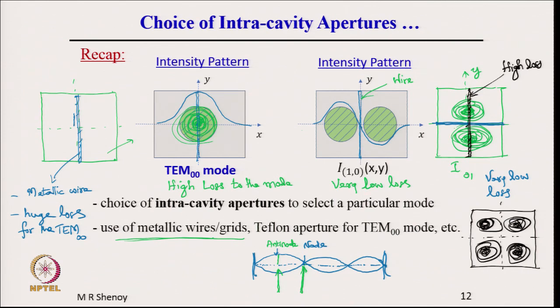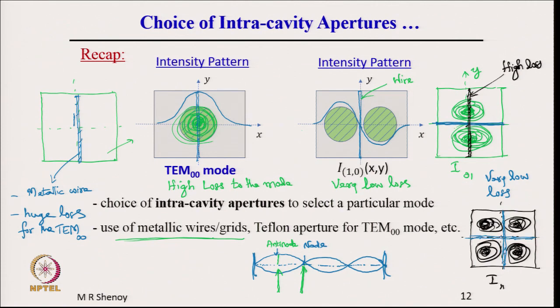In this case, suppose you want only this mode and none of these modes should come, but I want only I11 mode. If I want only I11 mode, what kind of aperture would we take? If we take an aperture, let me now show again in blue color. If I take an aperture like a grid which comprises of two perpendicular wires like this, this is the metallic wire mesh or grid.